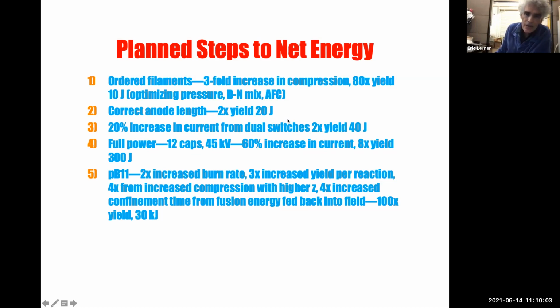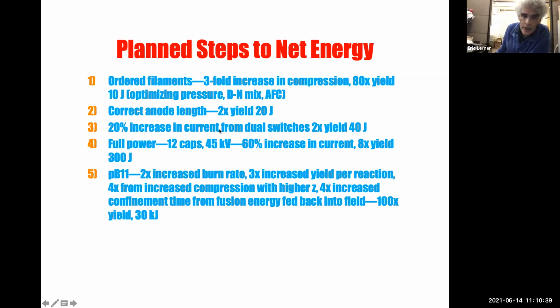In addition, there's rundown time formulas that I was using that did not take sufficient account of the length of our insulator. So that's why we ended up with a somewhat too short anode length. I think 12 centimeters, which is what we've got now, is going to be closer to optimal, and that should give us another factor of 2.